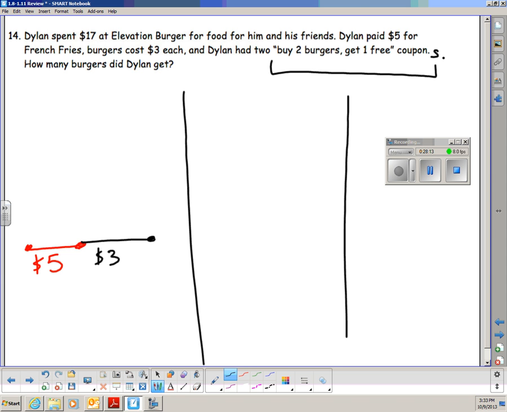So if he buys only 1 burger, he's going to pay $3. If he buys 2 burgers, he's going to pay $6, which is 3 times 2. If he buys 10 burgers, he's going to pay 3 times 10. If he buys X burgers, he's going to pay 3 times X. So I'm going to let X be the number of burgers Dylan bought. Let's be specific.